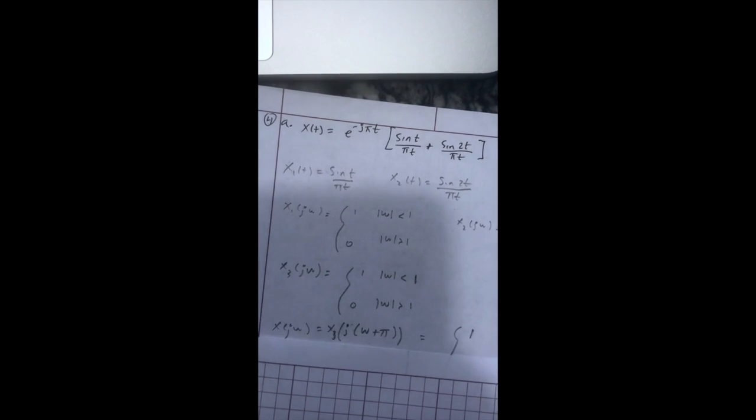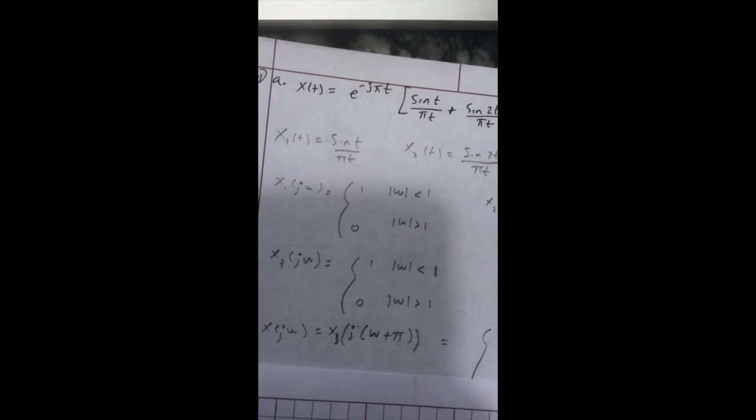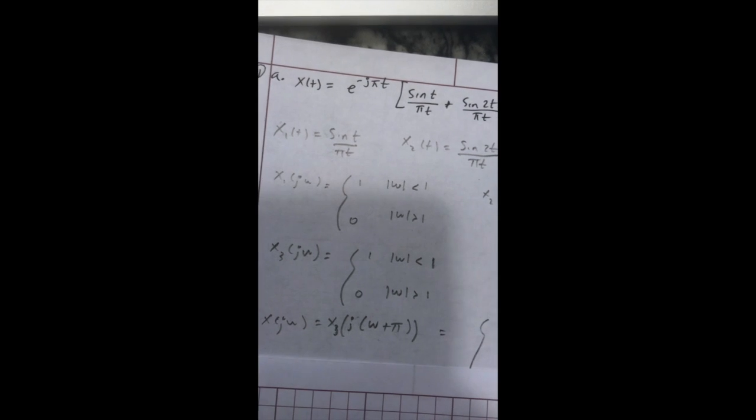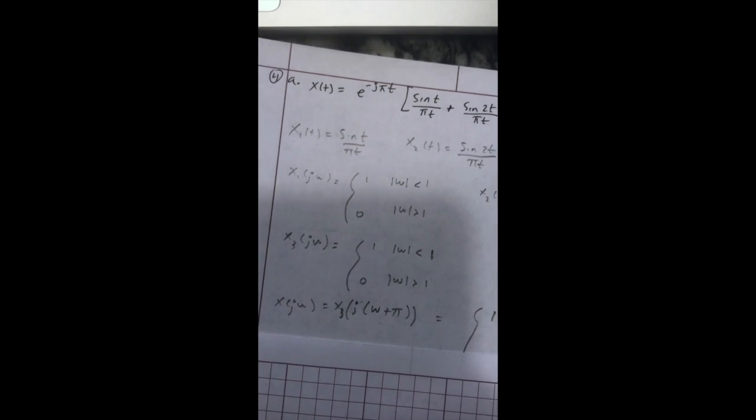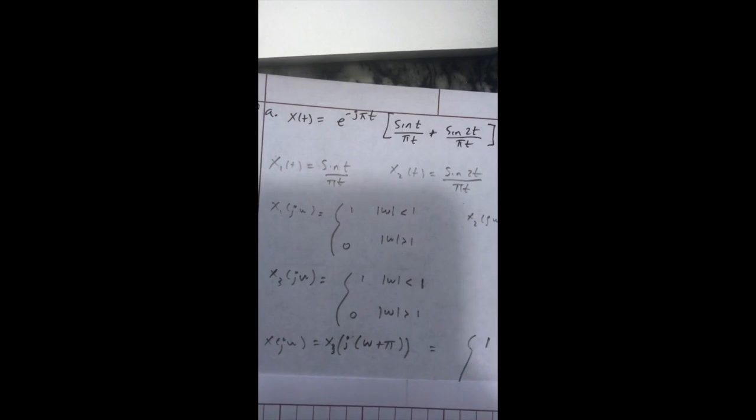Now, the last thing you want to consider here with this problem is to shift it. And like we said, if you want to shift it to the right, you have to subtract by pi. But here we're shifting it to the left. So you add pi, right? Hopefully you guys already know this little trick.